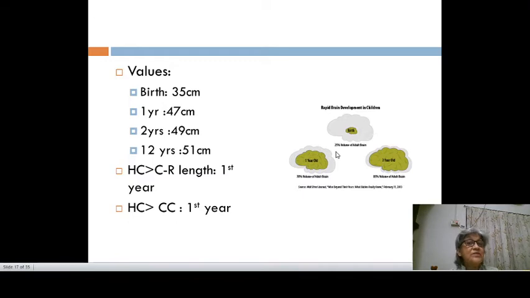Remember, the length increased by 25 centimeter and head circumference increased by 12 centimeter. But in the second year, this 12 comes down to 2. So from 47, it only goes to 49 centimeter. And at 12 years, over the next 10 years, only another 2 more centimeters are added. So it's a very quick increase in the first year, a little bit in the second year, and then very slow.